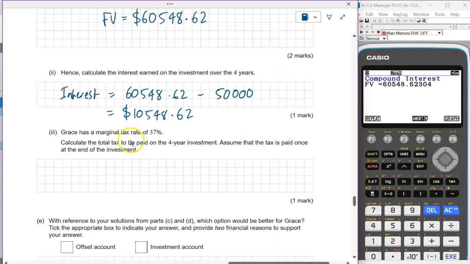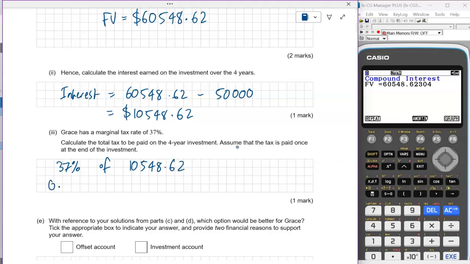It says Grace has a marginal tax rate of 37%. Calculate the total tax to be paid on the 4-year investment. It says here as well, assume the tax is only paid once at the end of the investment. So really all we need to do is work out 37% of 10,548.62.